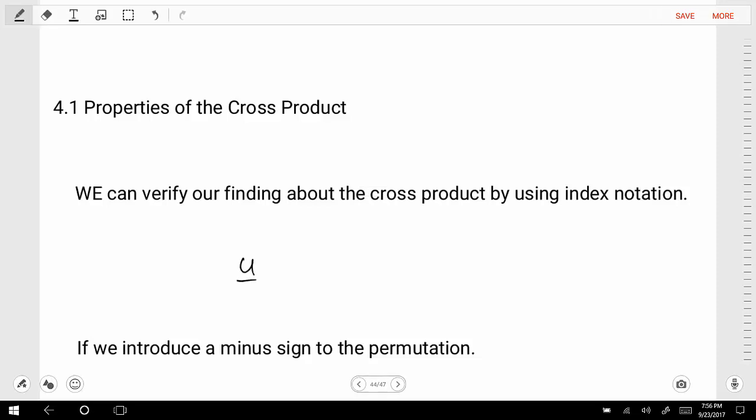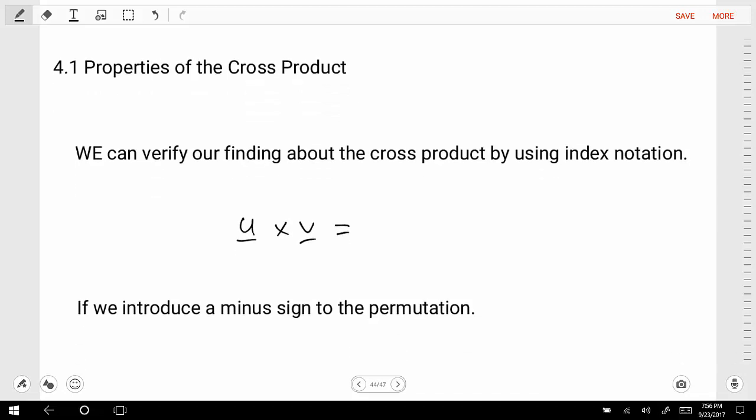So let's say we're doing the cross product of U and V. We remind ourselves that that is equal to U_i V_j epsilon ijk base vector k.